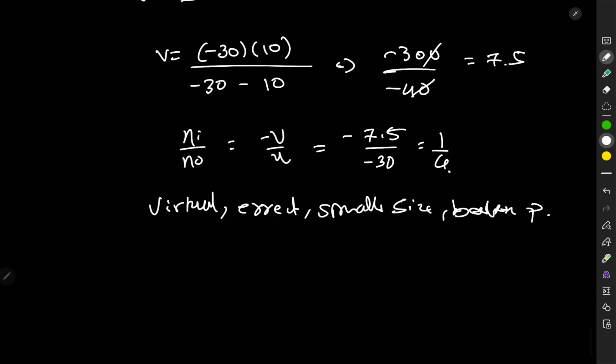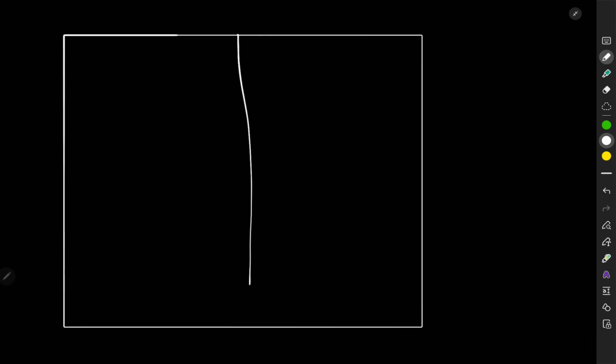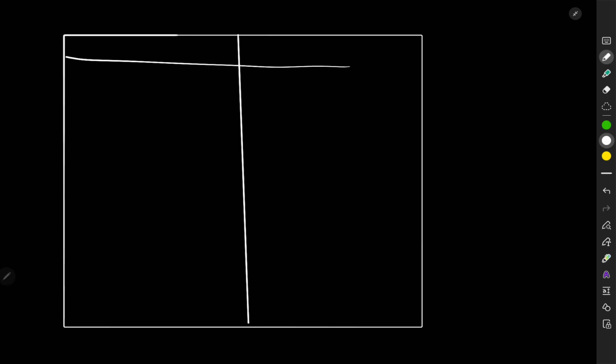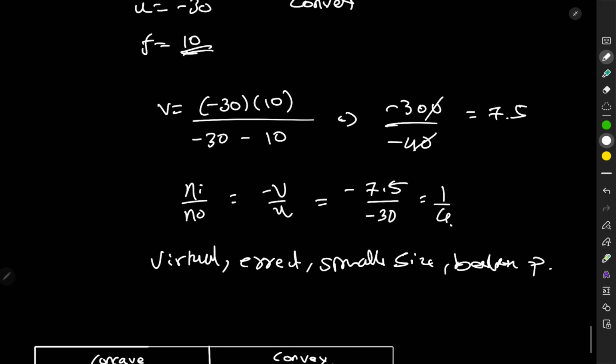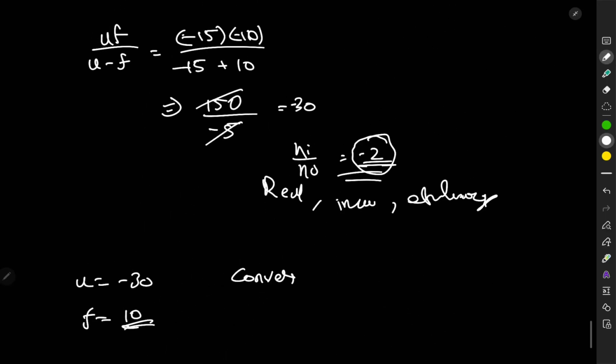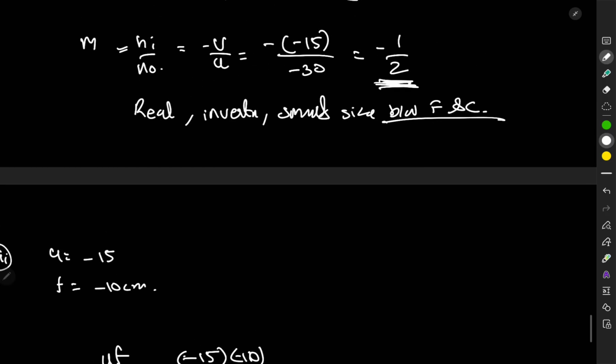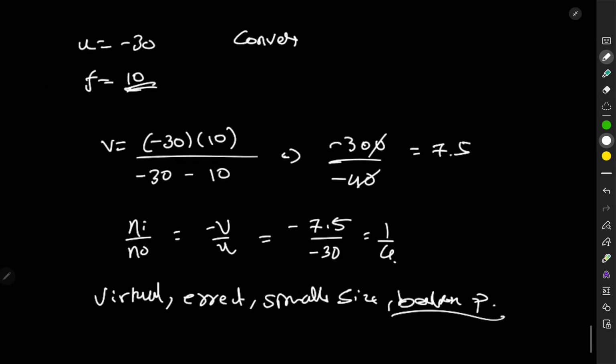Now let me give a table which will be very helpful for you in solving questions. This is concave, this is convex. When m is greater than 1 and positive, here I've told beyond p, and here I've told between f and c. How did I tell that?